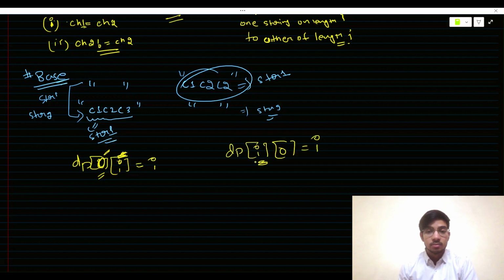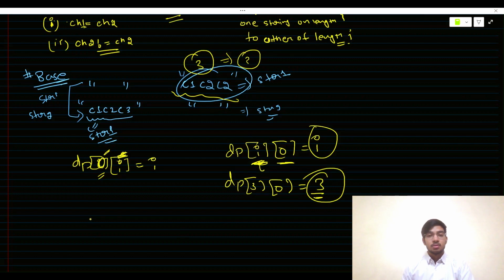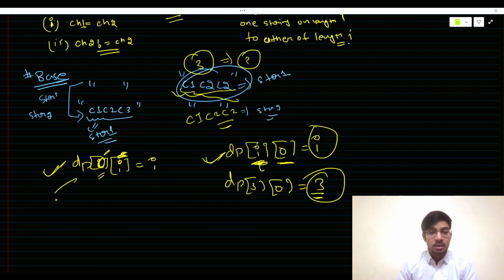That is the length of the string 1, the number of operations required to remove length i if the second string is empty is i, right? Suppose this length is 3, so the number of operations that you require is 3. So dp of 3, 0 becomes 3. That is the number of operations required to remove these three characters, or add some characters, that is similar. You could remove from the string 1, or you could add to the string 2. This is the similar operation that we saw, right? So these are the base cases.